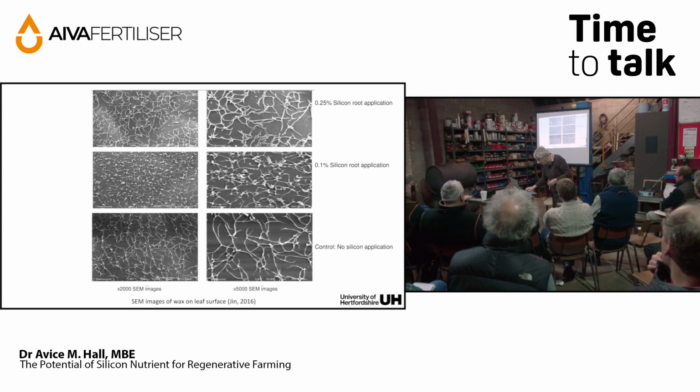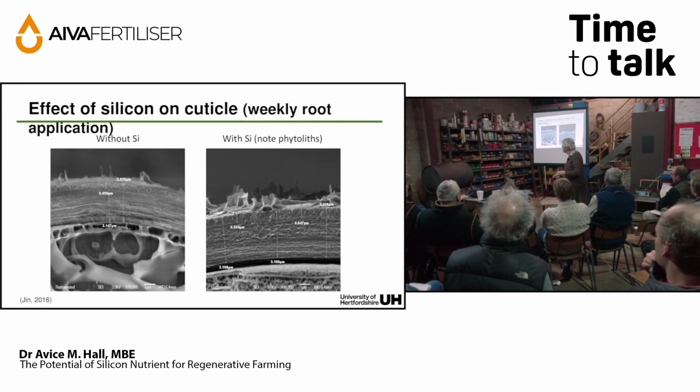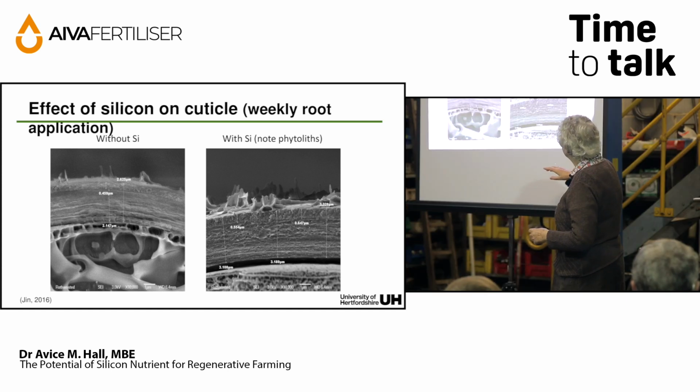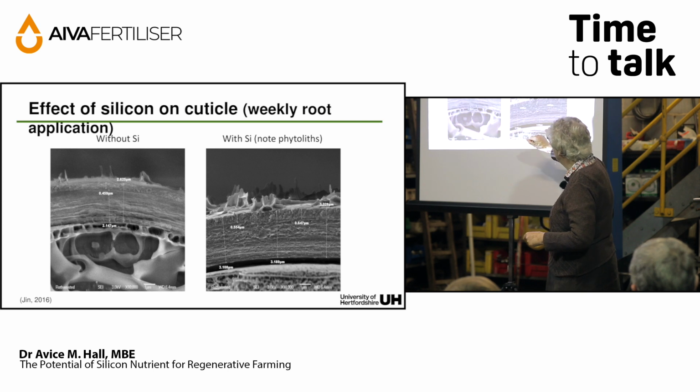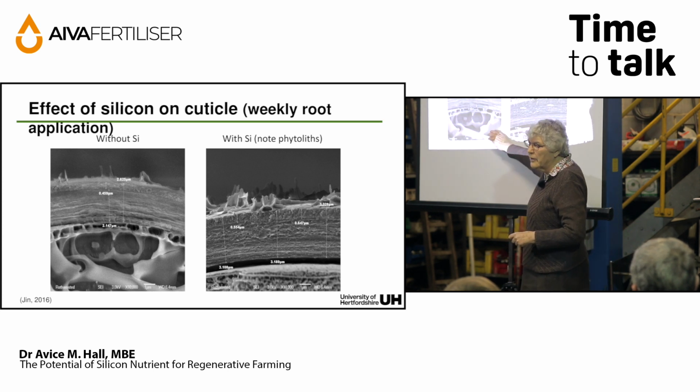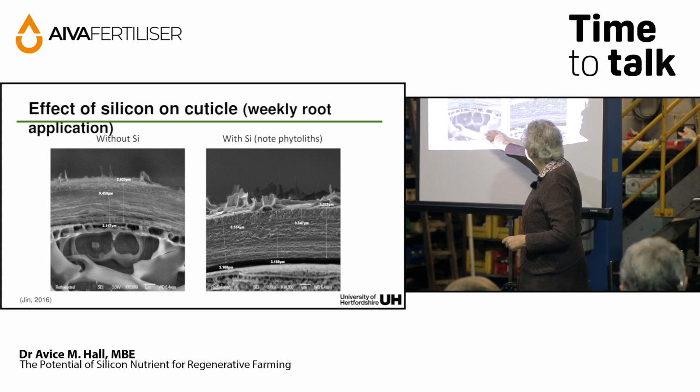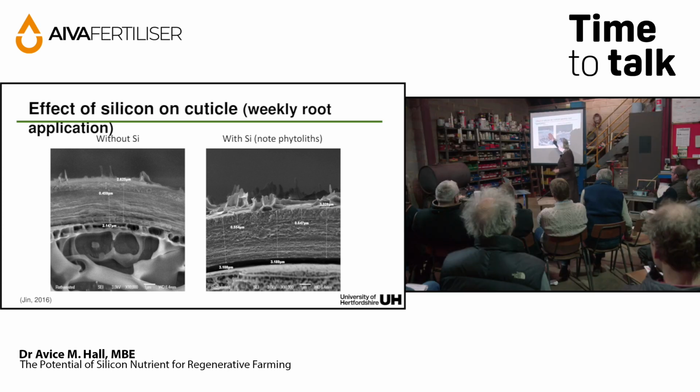And when you go to the next slide, this is really interesting. There are all the proper measurements on here, but this is without silicon. And you will see that the surface is comparatively smooth, and there are just a few hairs.